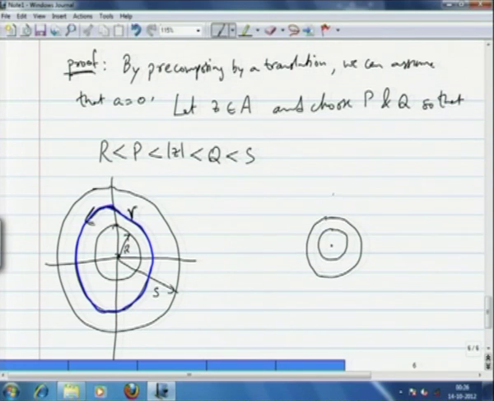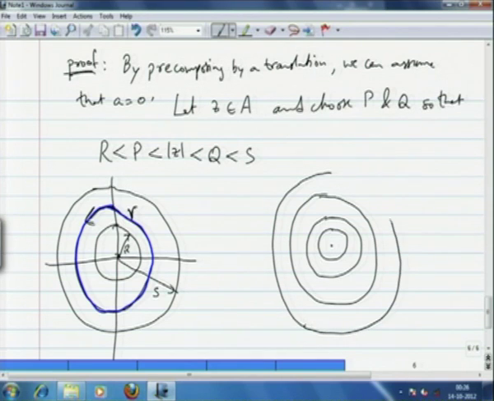Here is a circle of radius Q, and here is a circle of radius S. So, you have R, this is P, and that distance is Q, and finally that distance is S.